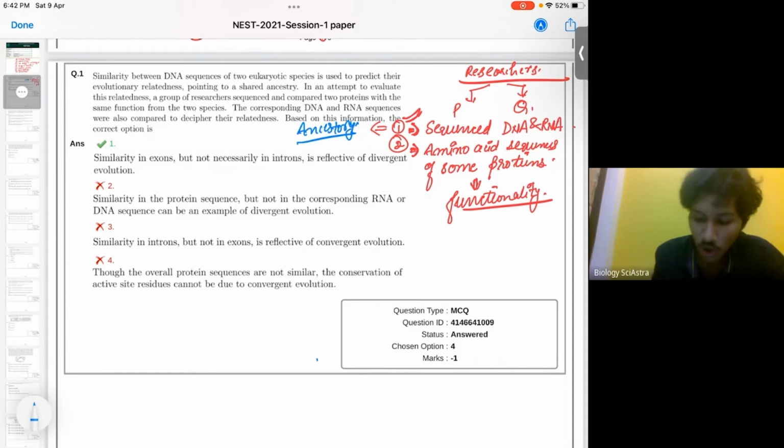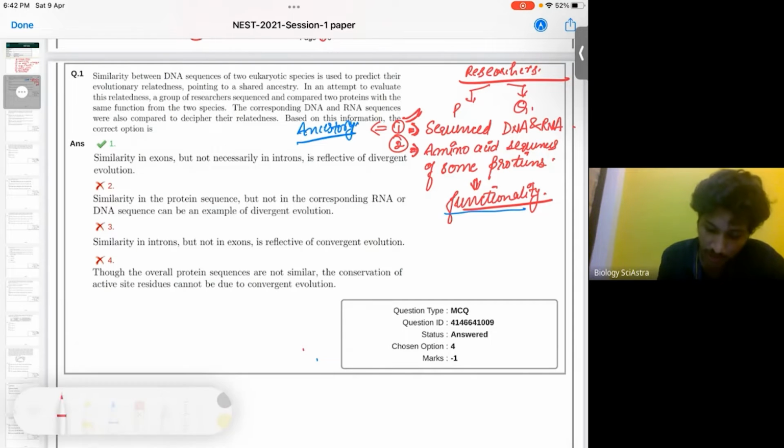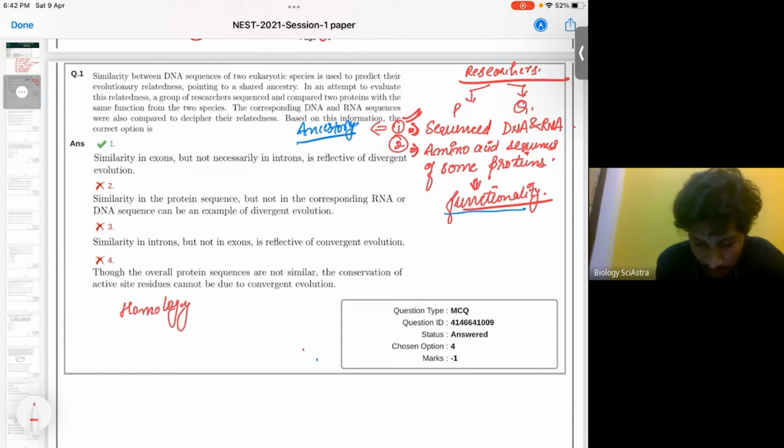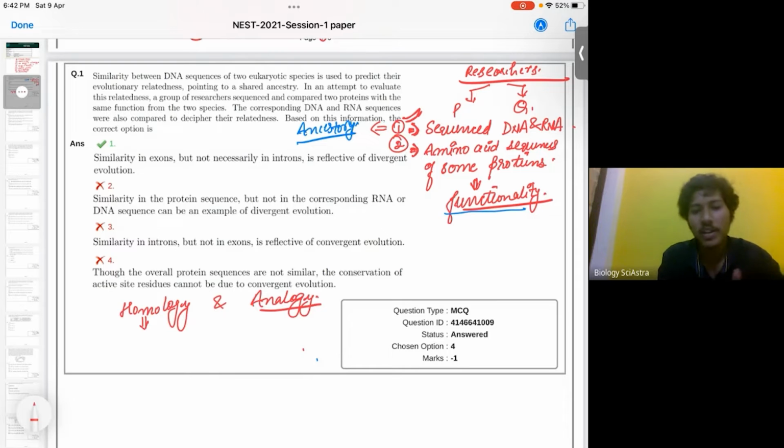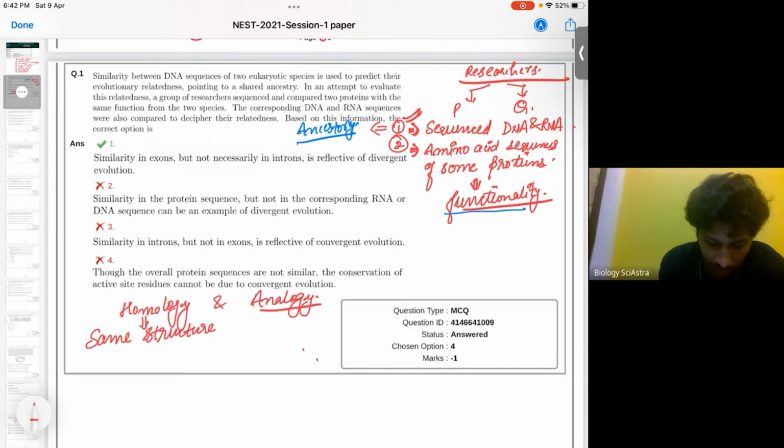And in evolution you must have studied that there is something known as homology and analogy. Homology means common ancestor, or same structure but different function. Same structure of a particular organ having different functions.